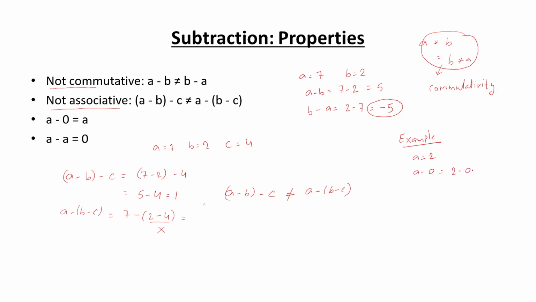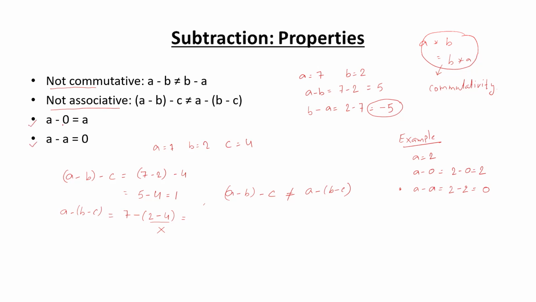So 2 minus 0 is equal to 2 only. For the second property, let me take A minus A. What does it mean? A is 2, so 2 minus 2. If you want to calculate the difference of 2 from 2, you will get 0. That is what this property is.